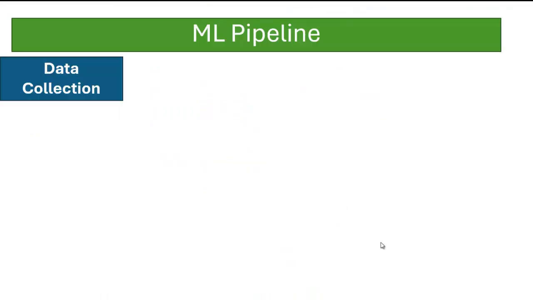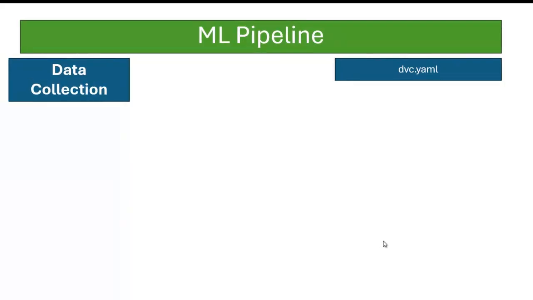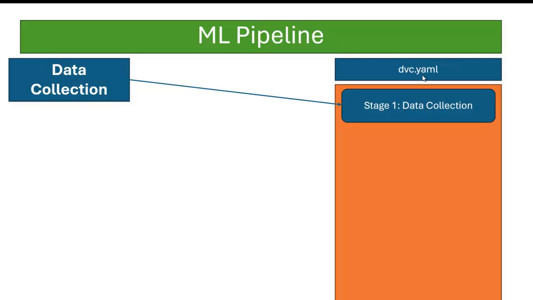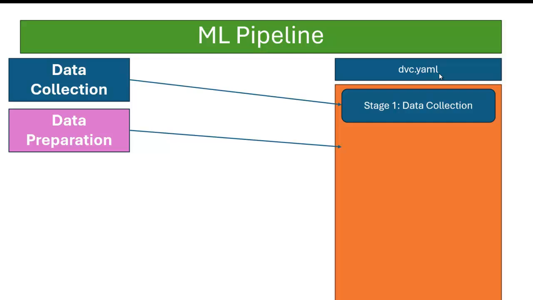First, we will create a data collection module for our project, which means a Python file for data collection, and add it to the dvc.yaml file. You can see here dvc.yaml. Then we will create our second module, meaning the second Python file for data pre-processing, and add it to the same dvc.yaml file.